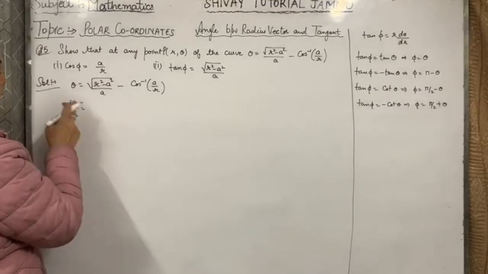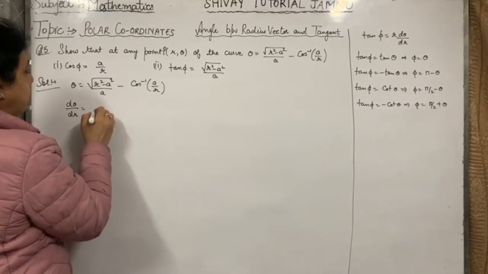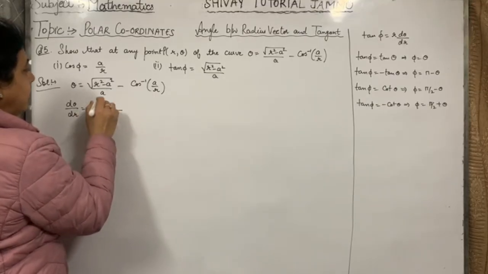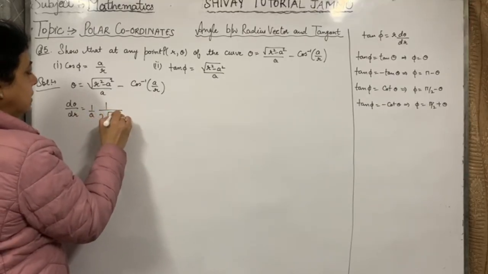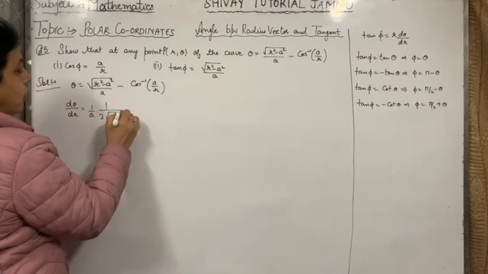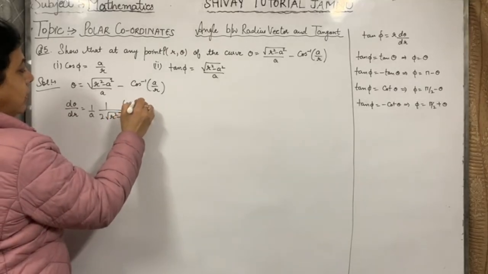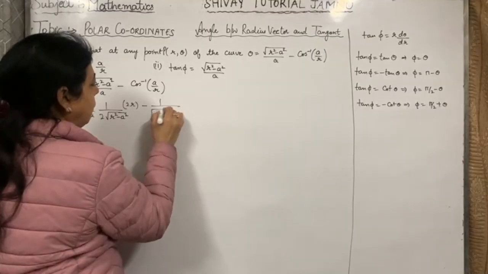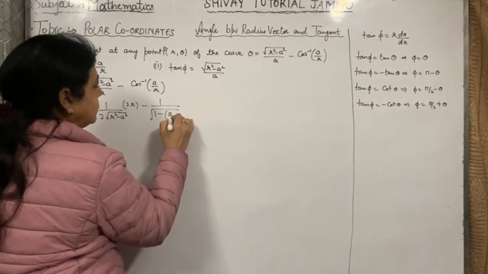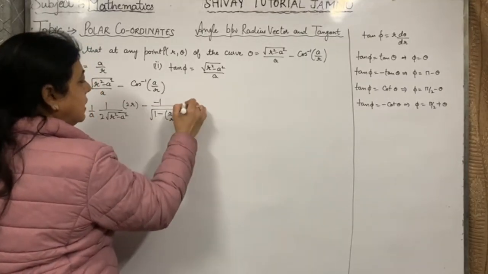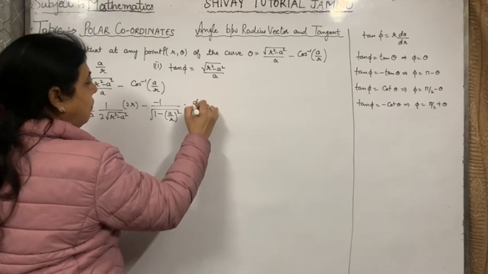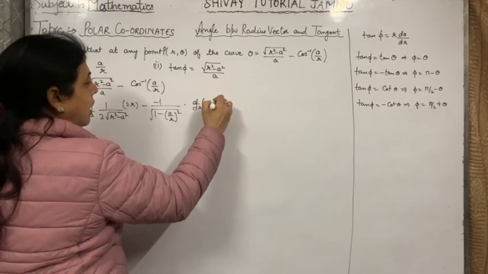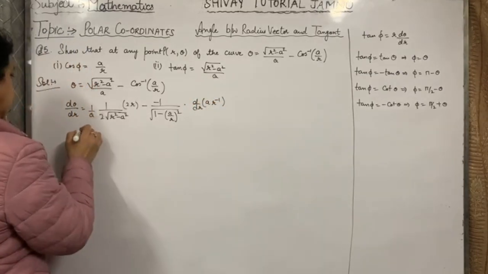We have to differentiate theta in terms of r. 1 by a. Differentiation of root r square minus a square is 1 by 2 root r square minus a square and twice r. What is cos inverse? Cos inverse differentiation is 1 upon root 1 minus angle square, into differentiation of a upon r, means a r power minus 1.